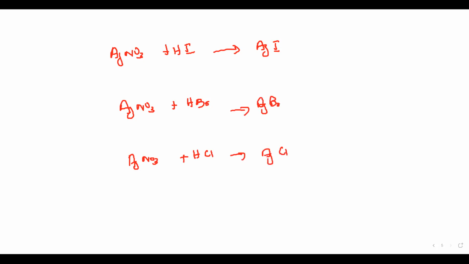So this will result in the formation of a yellow precipitate, this will form a cream color precipitate, and this will give a white precipitate.